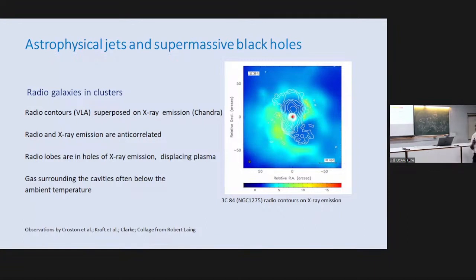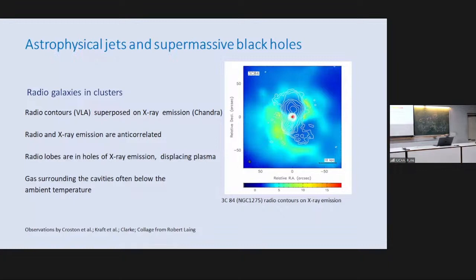Okay, the higher the temperature. So these jets of plasma which are coming out from the galaxy affect this medium as well, and that affects the evolution of the cluster itself. What you can see over here is a particular source called PKS 4, where these are the radio contours, and you can see the blue over here.